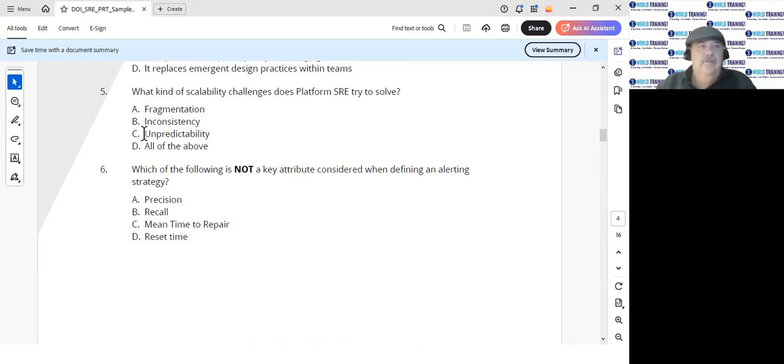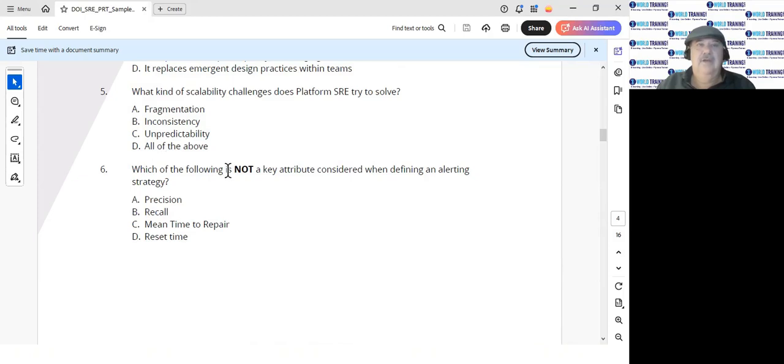Unpredictability is a little more vague, but it can partly be the same thing as inconsistency to some extent. You have a more predictable environment because it's more consolidated. But I think the best answer here is D. Let me check the answer sheet. Yes, D.